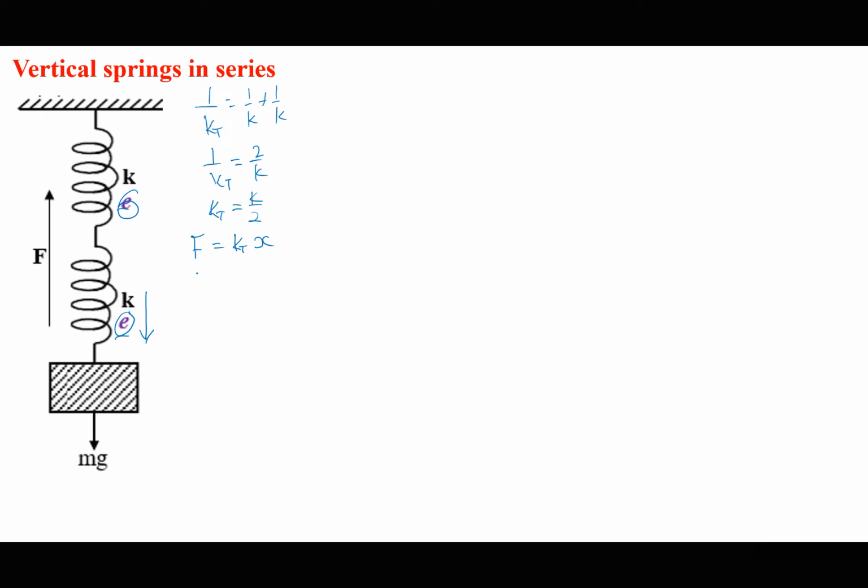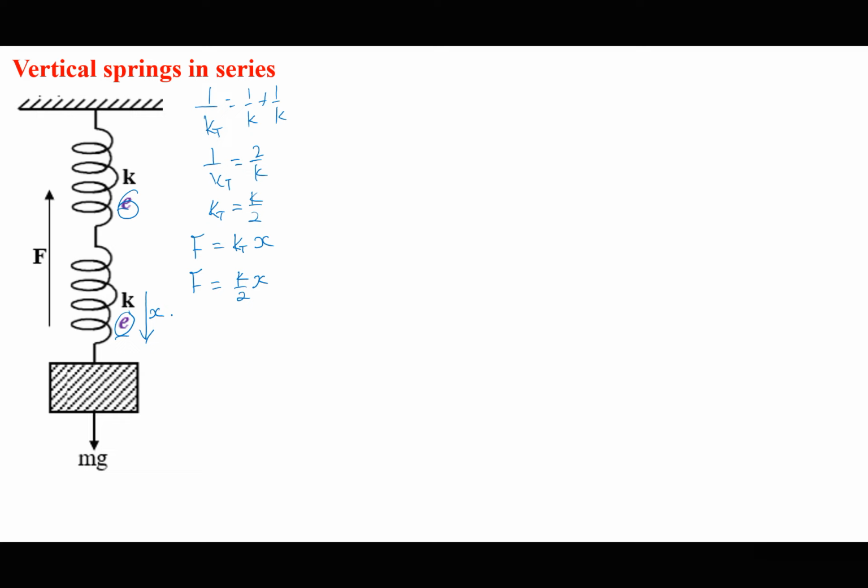Okay, so that means the resultant force is going to be k total, which is k divided by 2, then times the extension x. But remember, F is acting in the opposite direction to the displacement. I've considered the system given a further displacement x below the equilibrium position. That means x is a sum of e plus e.